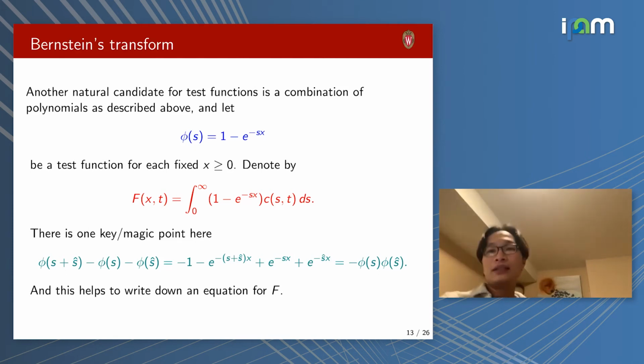It turns out that this is exactly the case. We can take test functions phi_s to be 1 minus e to the minus sx, use it as a test function, and define X(t) to be this integral from 0 to infinity of (1 minus e to the minus sx) times c(s,t) ds.